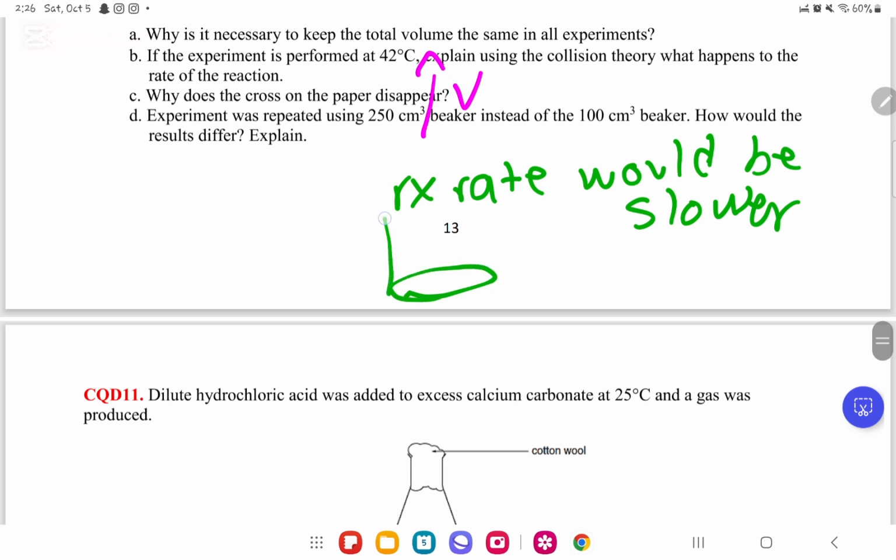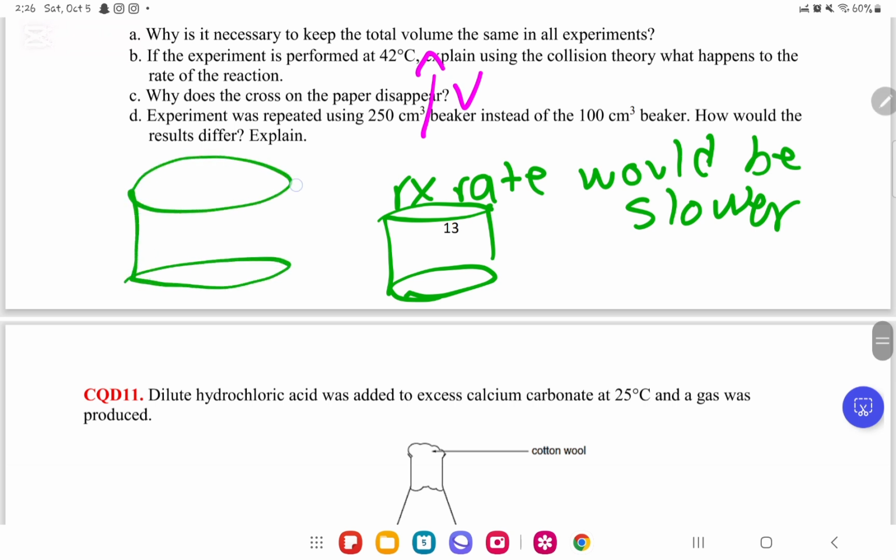So look, this is our beaker, for example. If we increase the volume, definitely it will be like this. So this was 100 centimeter cubed, then this became 250 centimeter cubed. So definitely it will have a wider bottom, a larger surface area at the bottom.